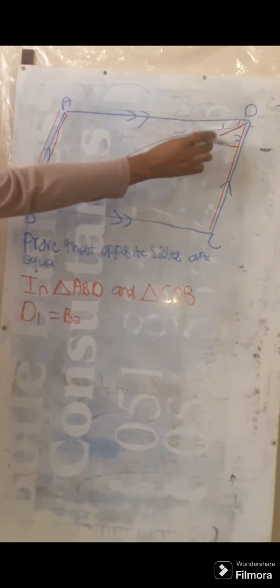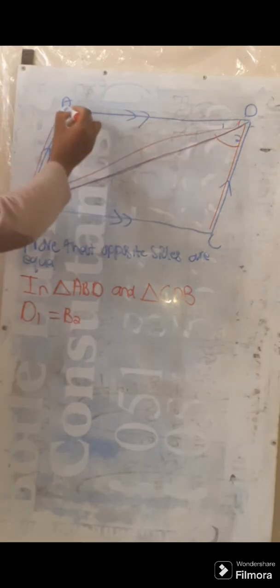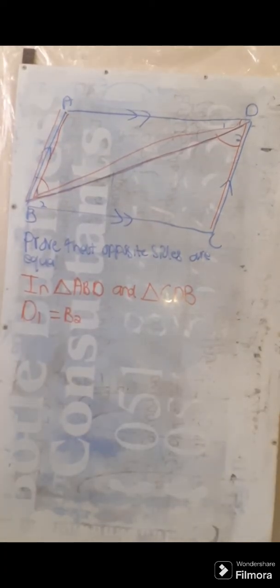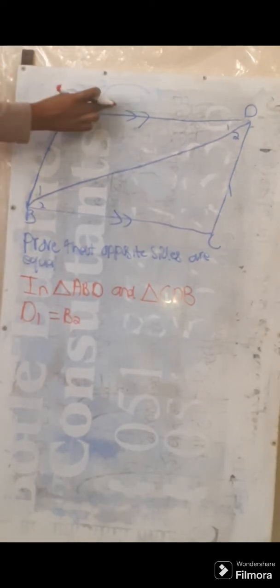So what you're going to say is that D1 equals D2, right? This is D1. If you go like, sorry, let me draw this correctly. All right, let's start on a clean canvas. These sides are also parallel.